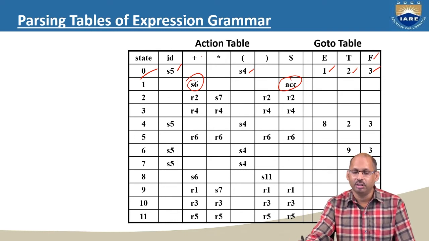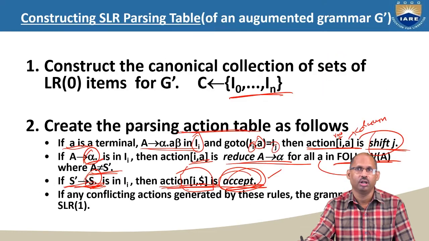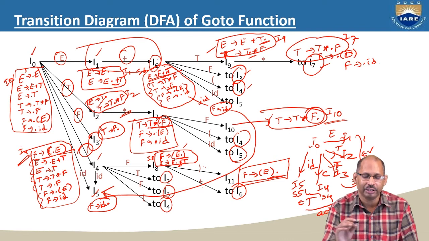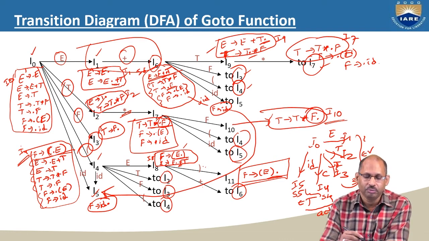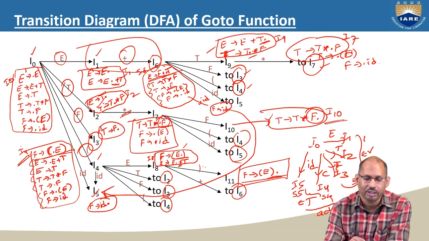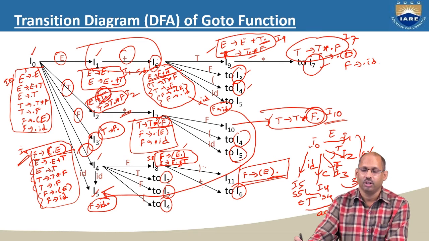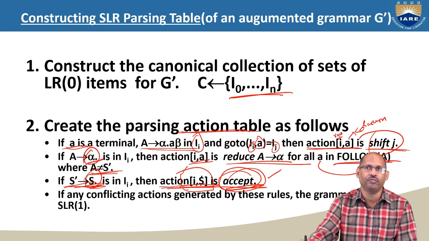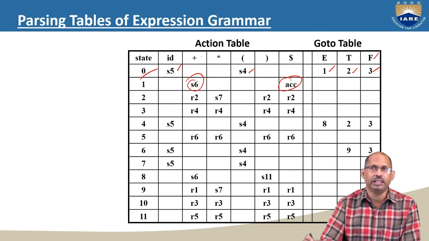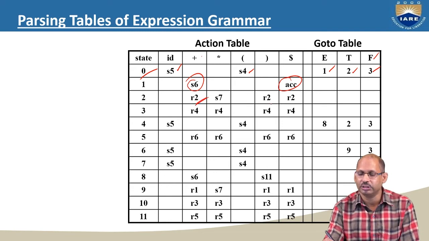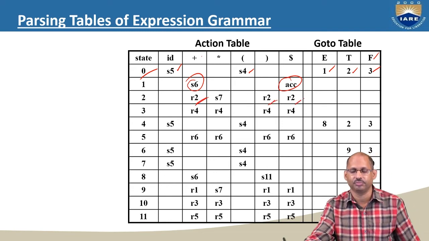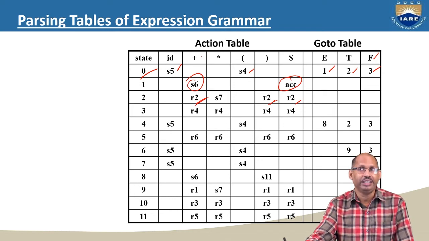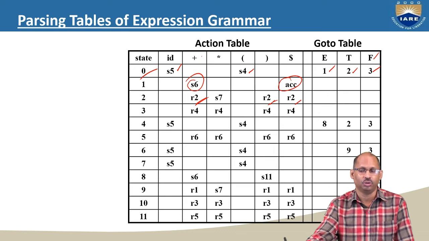Right? Then I2. What is I2 here? This is I2. Here, dot at the end. Simply we consider follow of E. In the follow of E, we write reduce, the production number 2, R2.